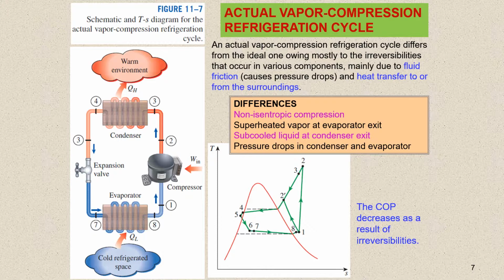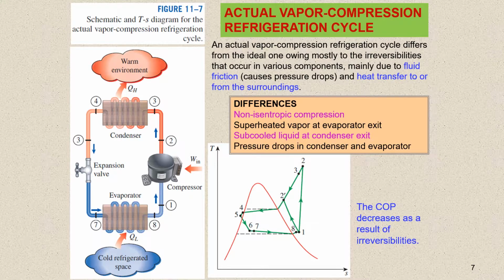In the ideal case, the refrigerant is assumed to leave the condenser as saturated liquid at the compressor exit pressure. In reality, however, it is unavoidable to have some pressure drop in the condenser as well as in the lines connecting the condenser to the compressor and to the throttling valve.